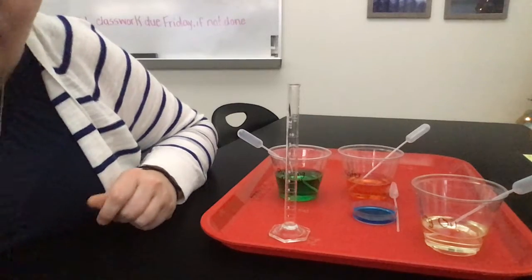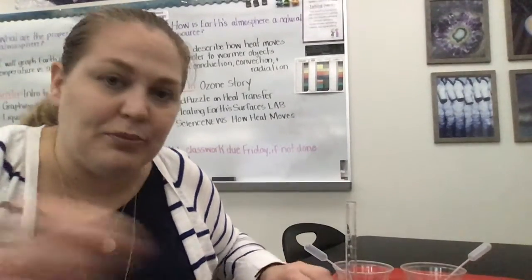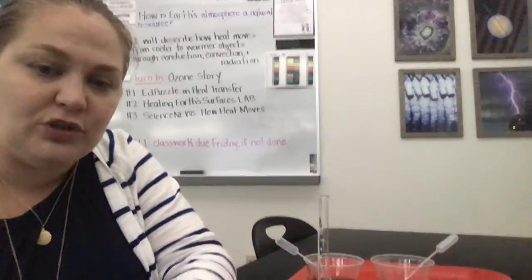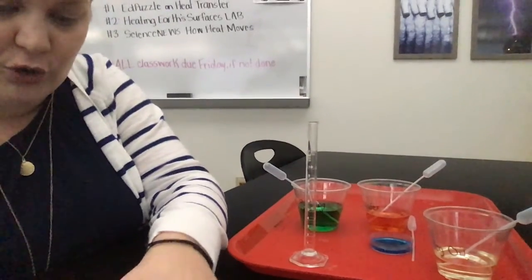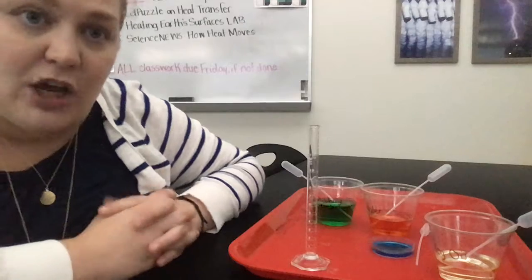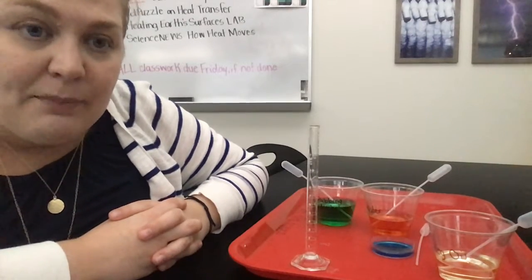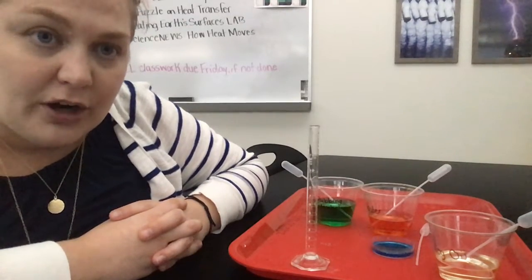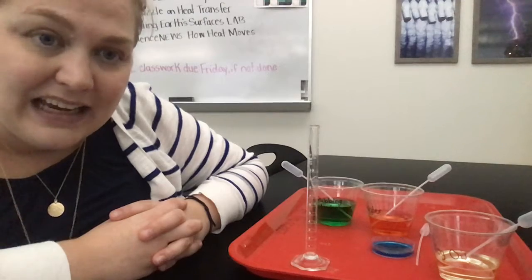So the first or bottom layer of our atmosphere is the troposphere. And to represent the troposphere, we are going to use the Dawn dish soap, which has a density of 1.06 grams per milliliter. That means that it is denser than water, so it would sink.